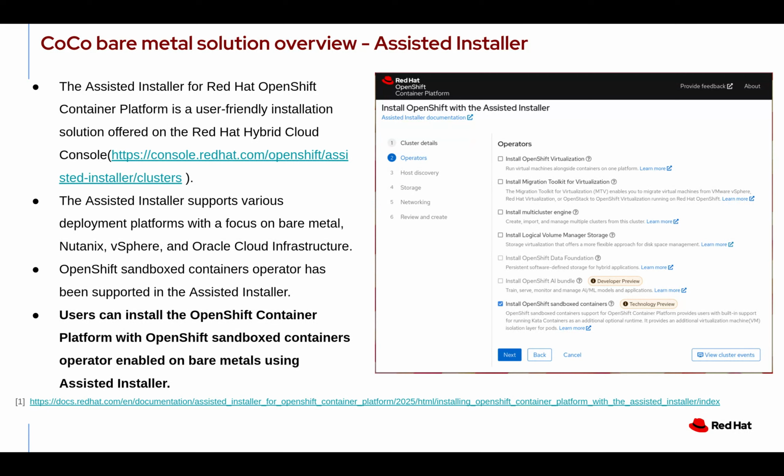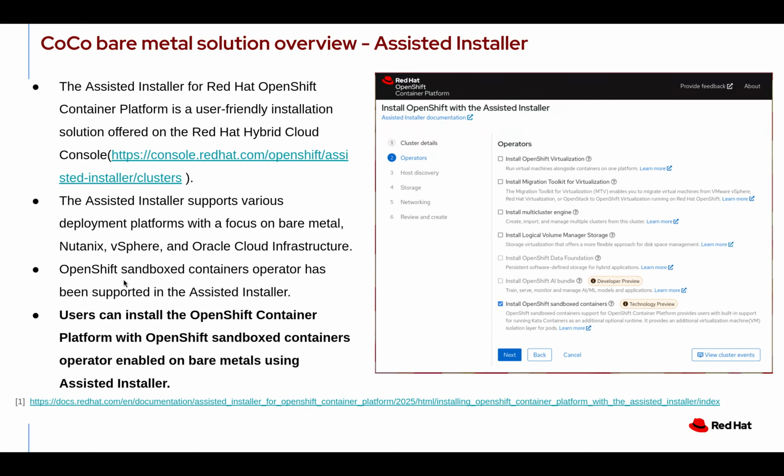Next, let's look at the assisted installer. The assisted installer is an installation solution for the OpenShift cluster. It's offered on the Red Hat Hybrid Cloud Console. The assisted installer supports various deployment platforms, including bare metal and others. In today's demo, we will deploy on our TDX bare metal.